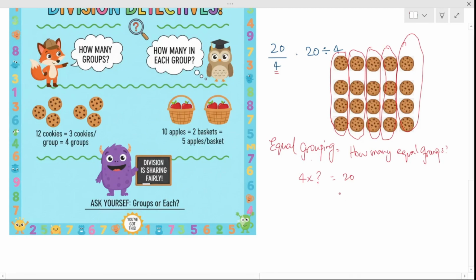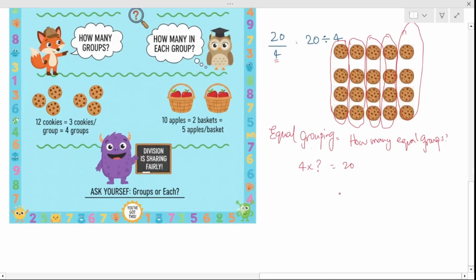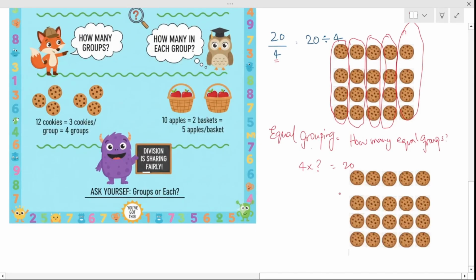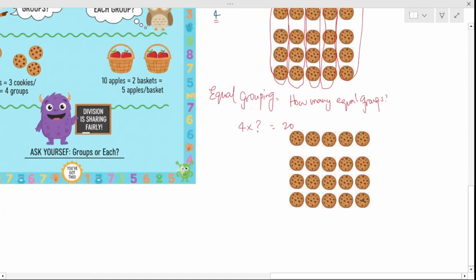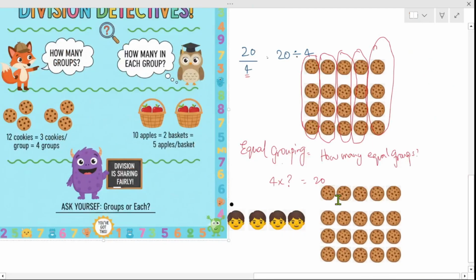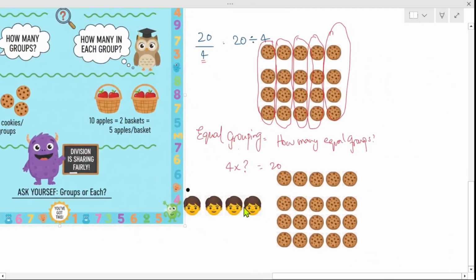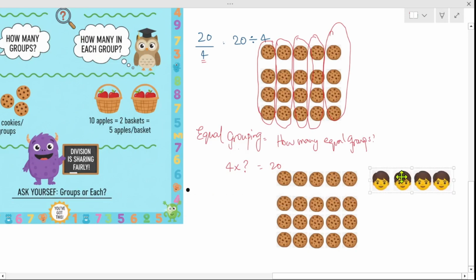You can also think of it the same way: if you have 20 cookies, it can also mean that you want to divide the 20 among 4 children. Let's say I want to share these 20 cookies equally among these 4 children. How could I share it? That could be the other way of thinking.